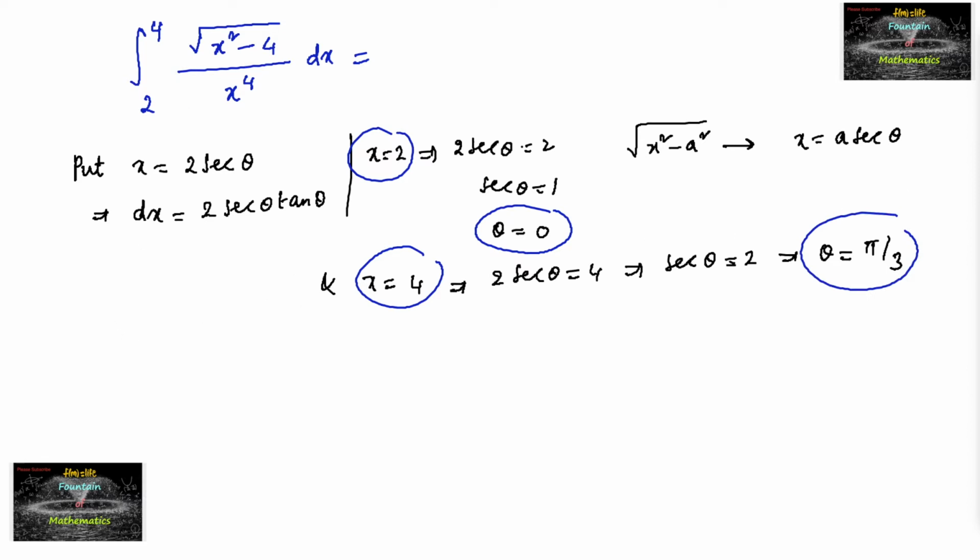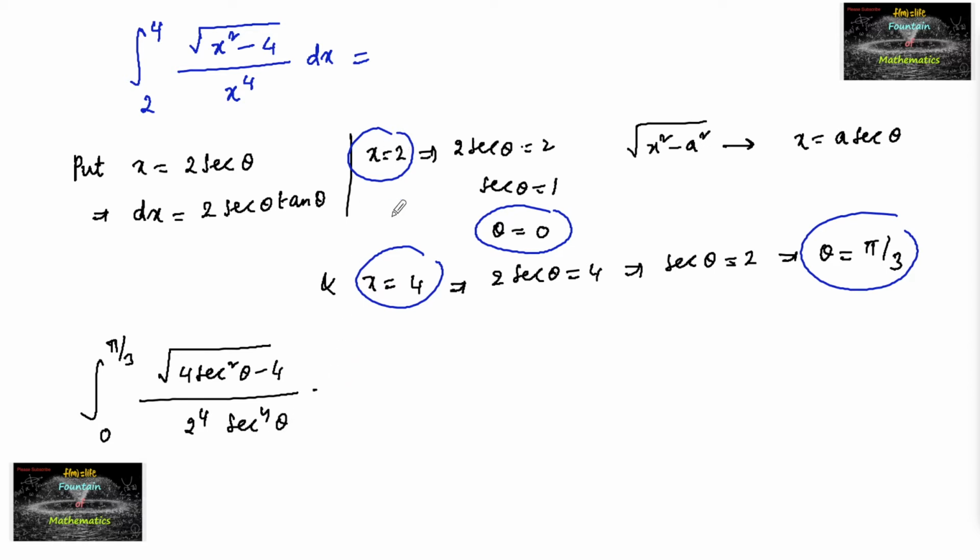So the integral becomes integral 0 to pi by 3 of root over x square minus 4, that is 4 secant square theta minus 4, upon x power 4, which is nothing but 2 power 4 secant power 4 theta, and dx is equal to 2 secant theta tan theta.